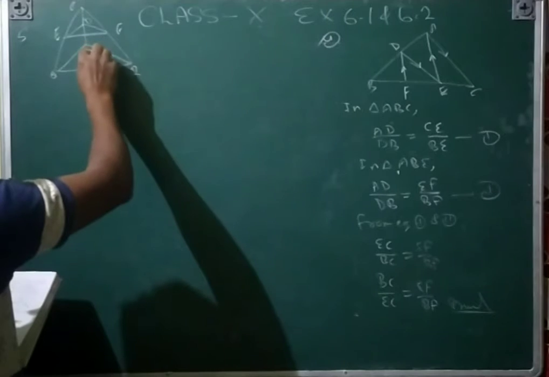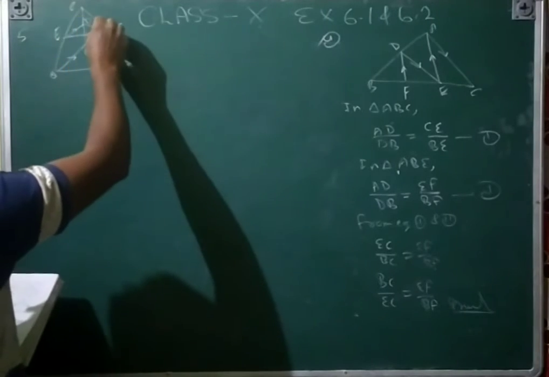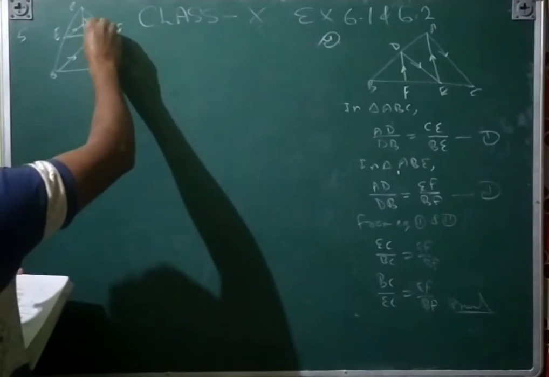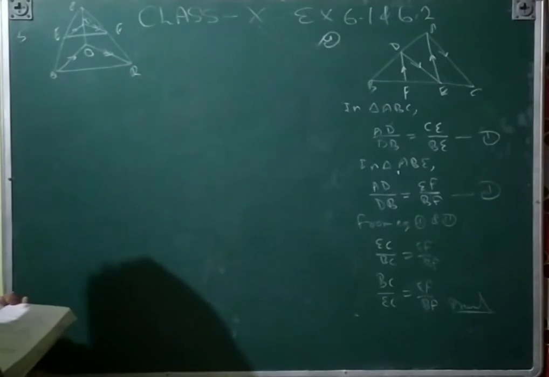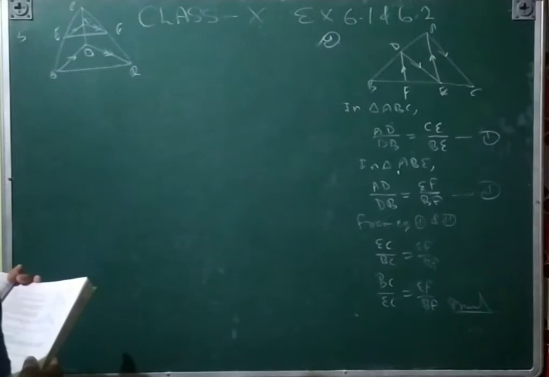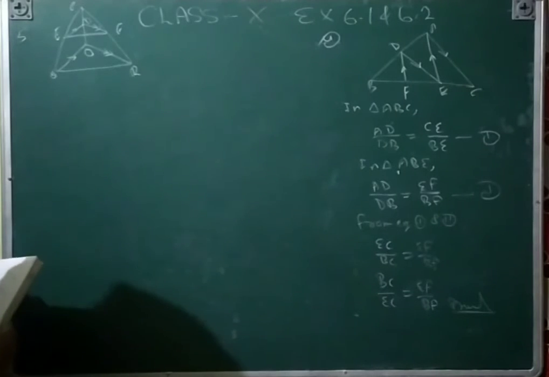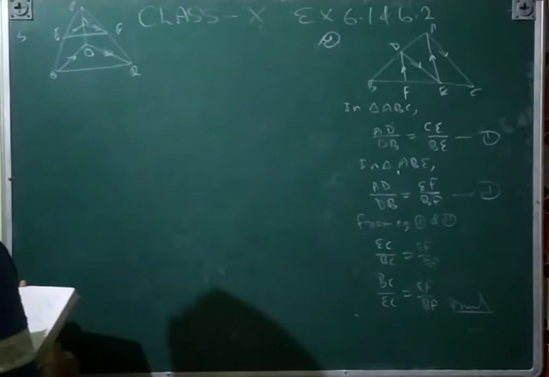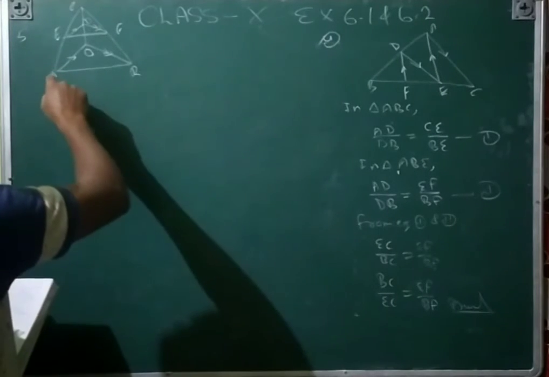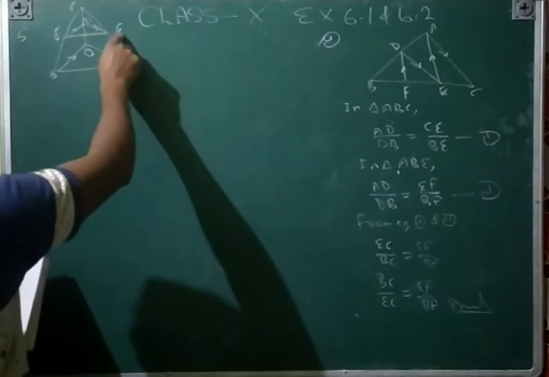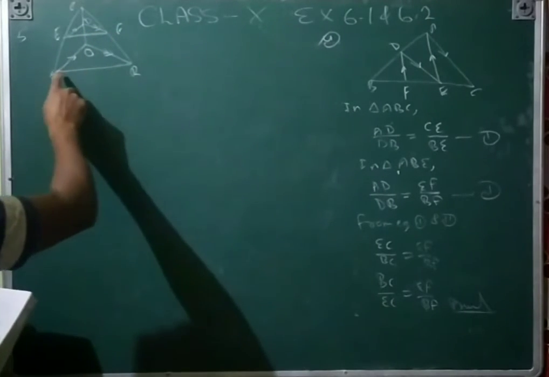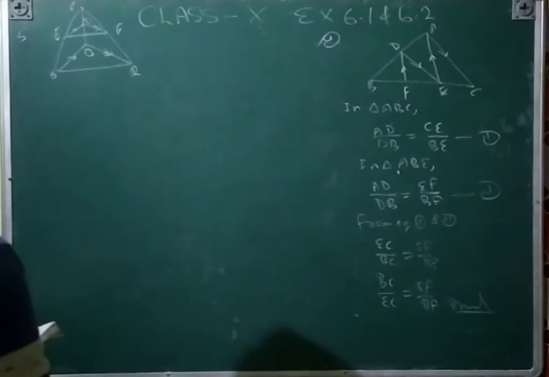These are the parallel, so obviously that will be also parallel. So we need to prove that EF parallel QR.